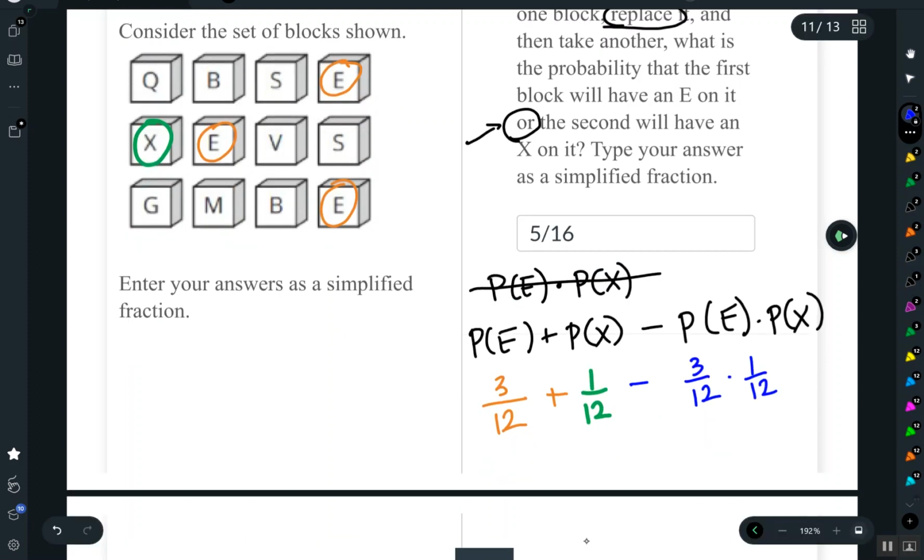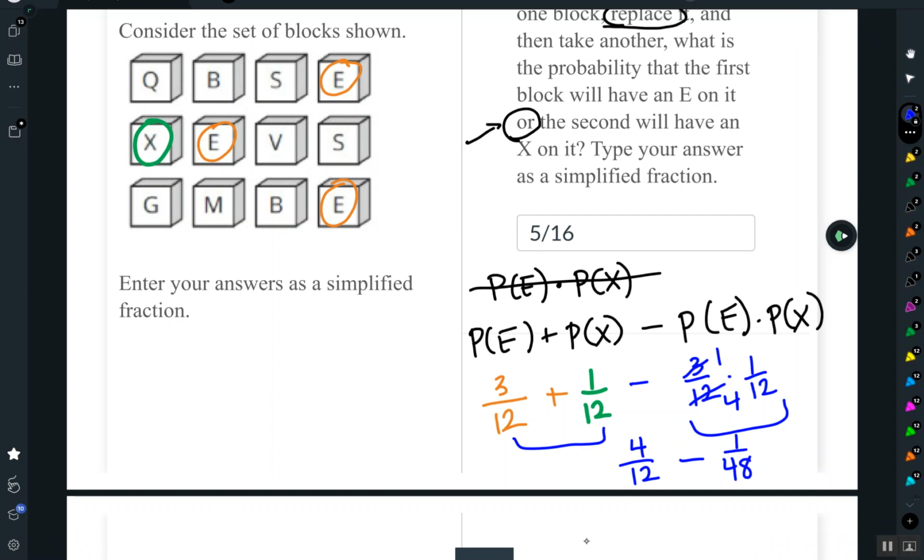Okay, I am going to need a common denominator here. Let's see. I can reduce this to 1 out of 4, which makes this part 1 out of 48. These already have a common denominator. I can add those to be 4 out of 12. Now to subtract them, I'm going to need a common denominator, and I'm going to use 48.